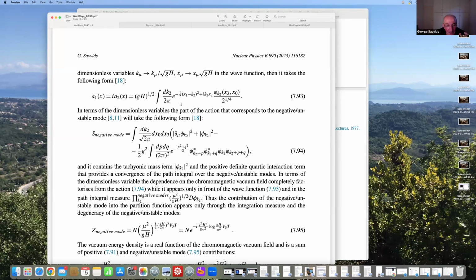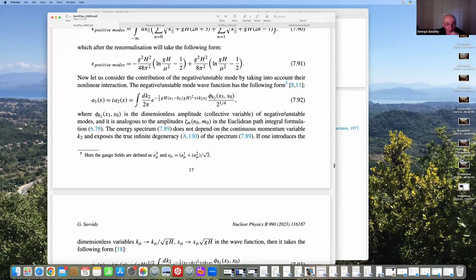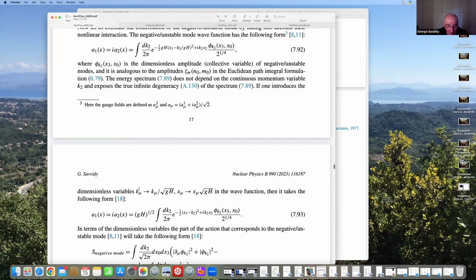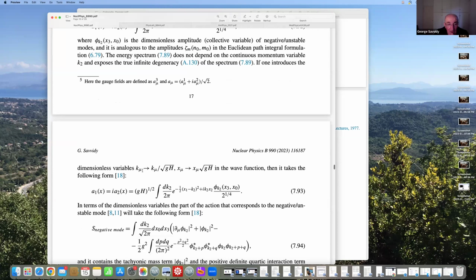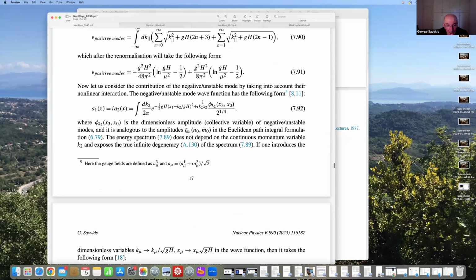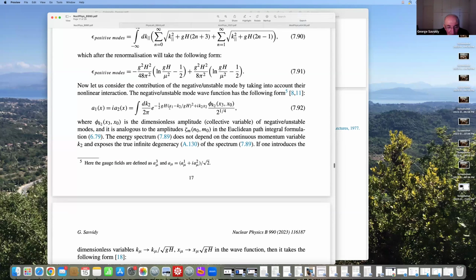So what I have done, I take this amplitude where it is. So here is the amplitude. You see here amplitudes A1, A2 is equal to this. The amazing thing is that if you make the substitution, momentum you divide by GH and x mu you multiply by the square root of GH in here. So you see here are the momenta K, K2, and there are the coordinates x.